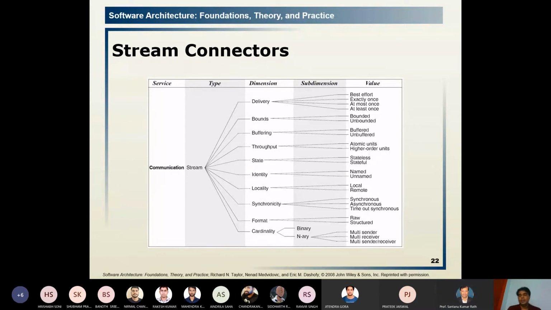Then format, a raw format or a structured or organized format. Two types of format. Then cardinality, binary or N-ary. Binary means two connections are there. N-ary means multiple things, where there are multiple senders, multiple receivers, or multiple senders and receivers.